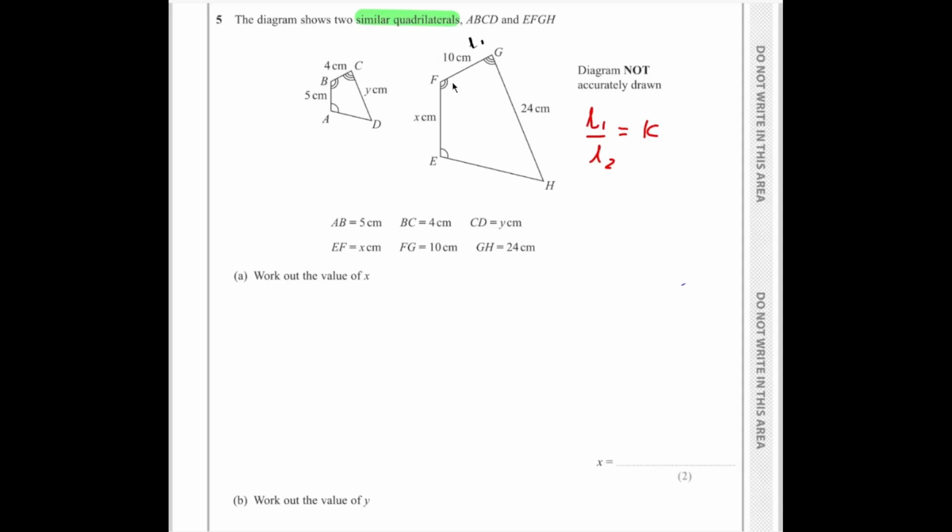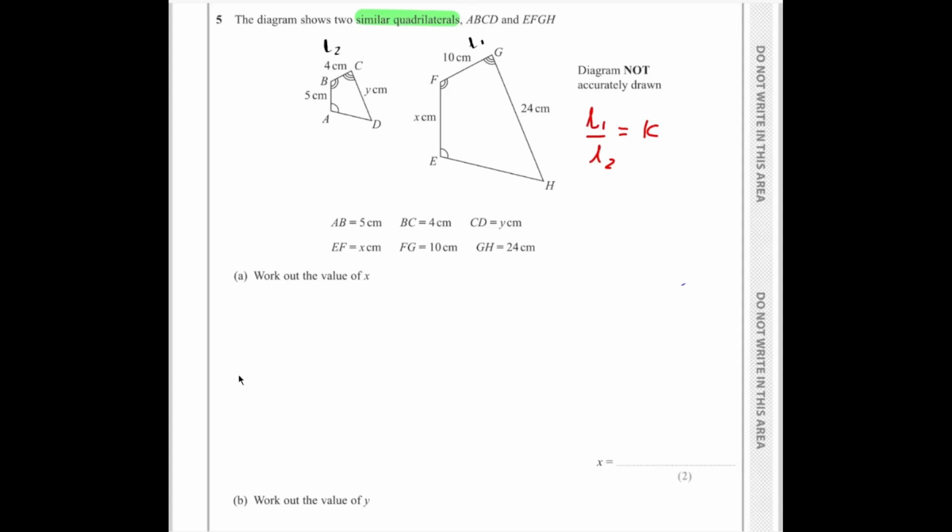You have to figure out the corresponding length, which is the same as this FG, which is this one, 4 centimeters. Then I can label this one as L2.